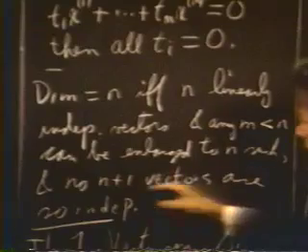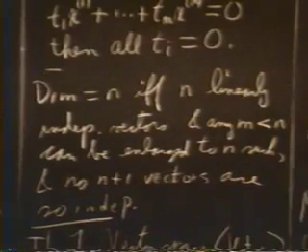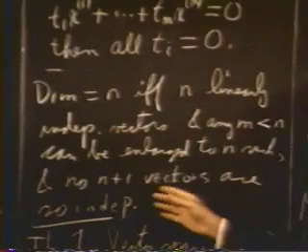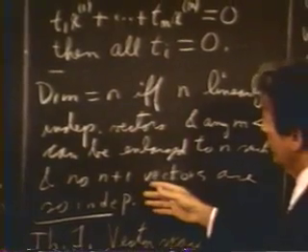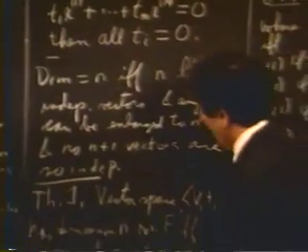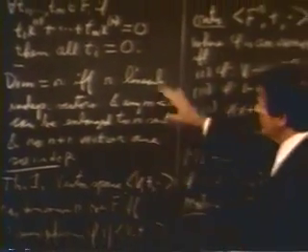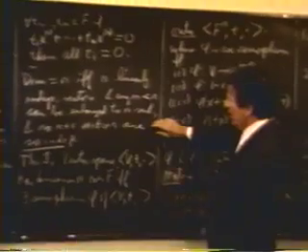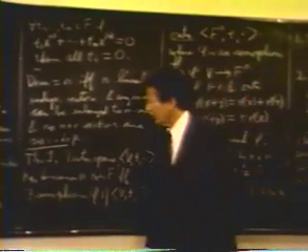And, of course, finally, no n plus 1 vectors are linearly independent. The second condition, of course, is required in order for the dimension not to be greater than n. So that's the familiar and standard definition of the dimension of a vector space.